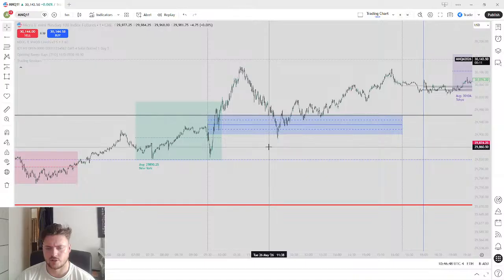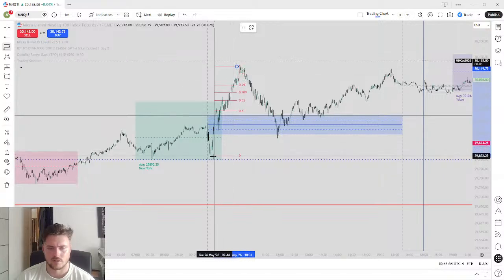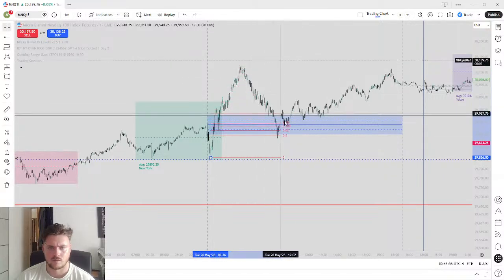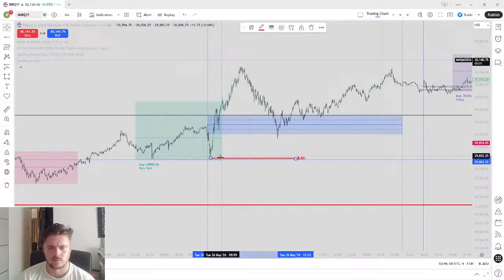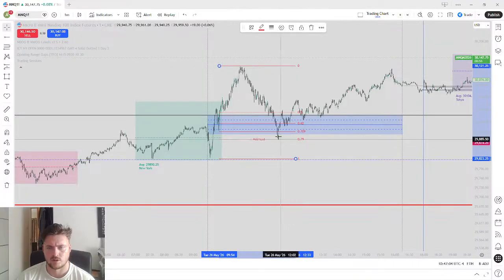Yeah, like looking at Tuesday. I'm just seeing this as we go through. Look at that optimal trade entry. Again, inefficiency in line with optimal trade entry.